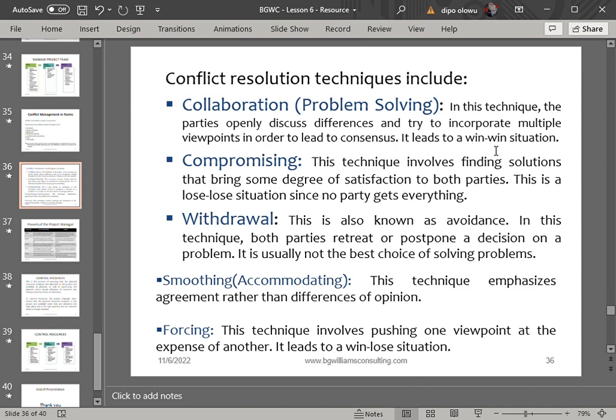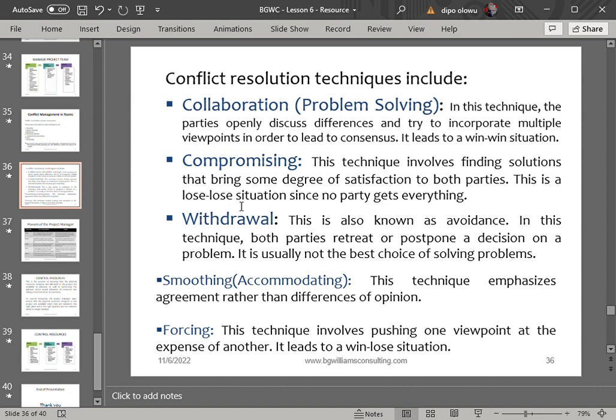So take note, it is best for the parties involved in the conflict to sit down and resolve it themselves without the project manager's interference. All that the project manager does is provide facilitation, making it easy for them to sit down together and resolve the conflict. That is the best form of conflict resolution. It is called collaboration. Then number two, we call it compromising.